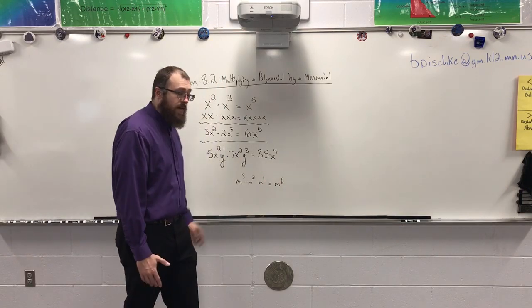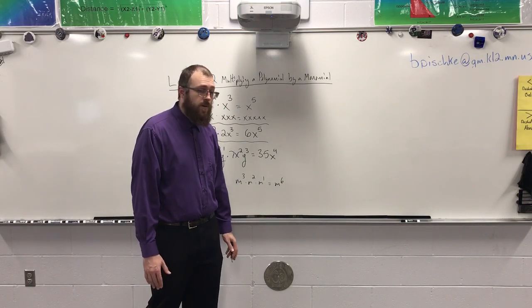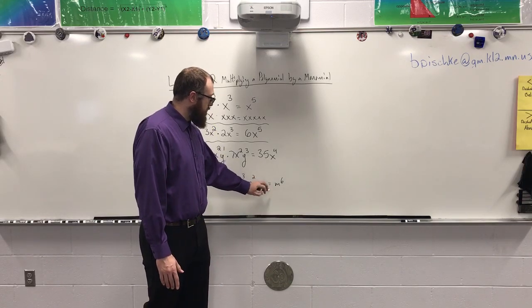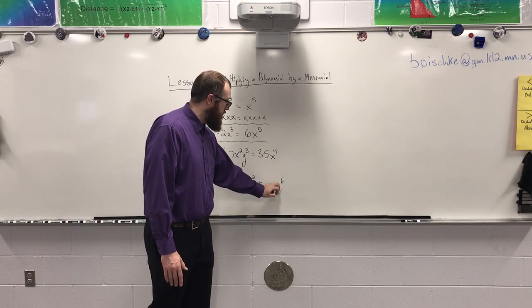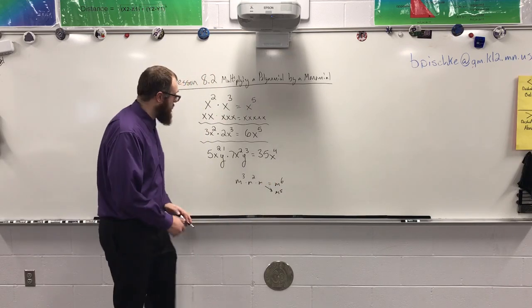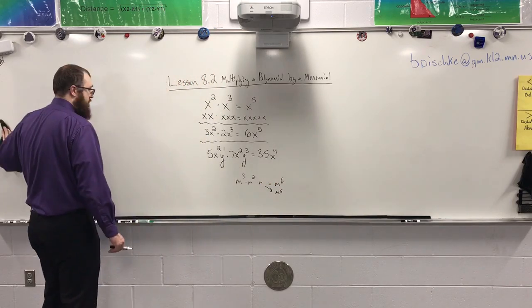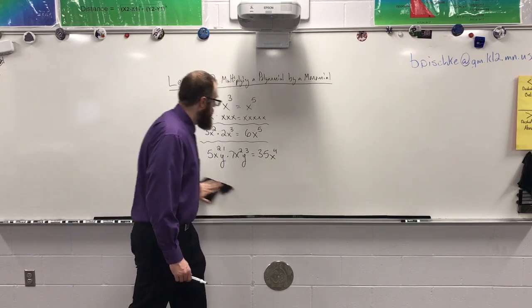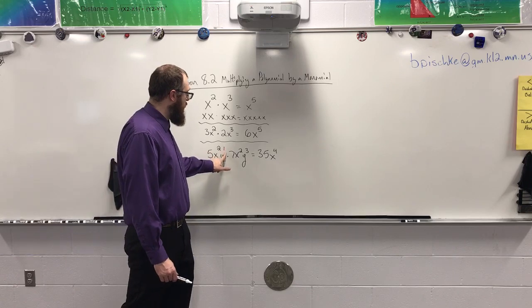Now, that wasn't the exact problem, but it was similar to it. A lot of people forgot this 1 and called it m to the fifth, which was not correct. You have to remember that when there is no power, there's a little 1 hiding up there.